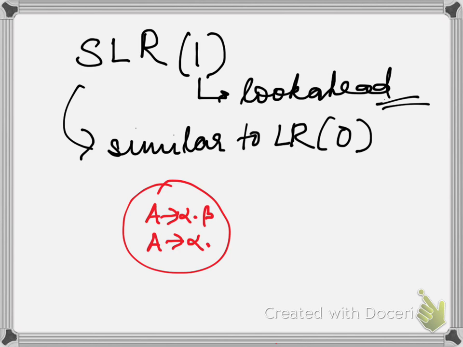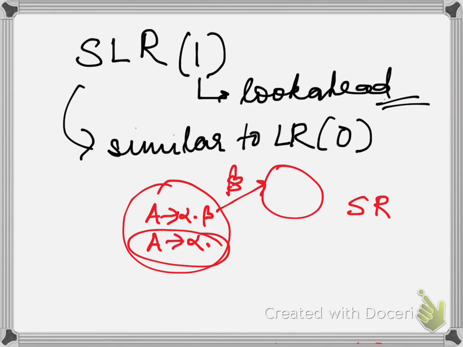If you have a state with two items like this, then the first gives rise to a shift on beta, moving to another state, but the other is a final item, so you get a shift-reduce conflict.